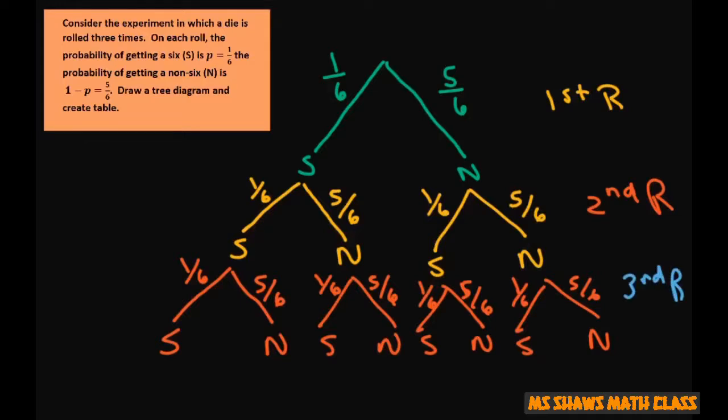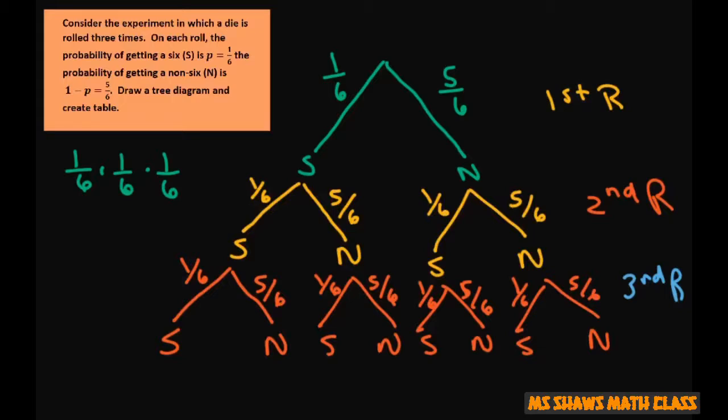So the probability, say, of rolling all 6s would be 1/6 times 1/6 times 1/6. So you just multiply them through like this.